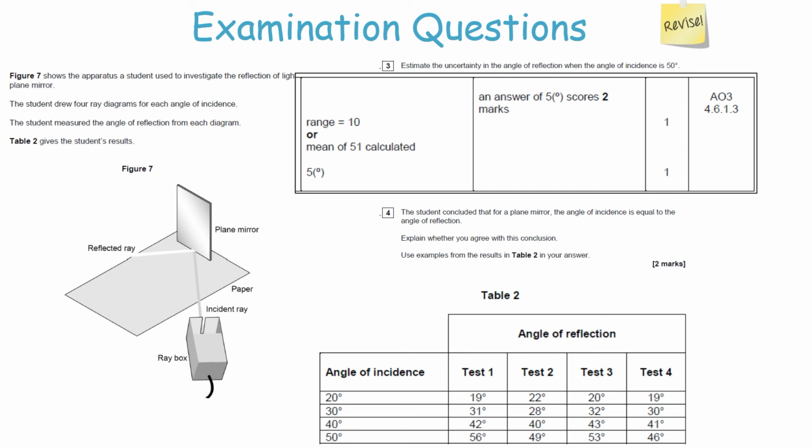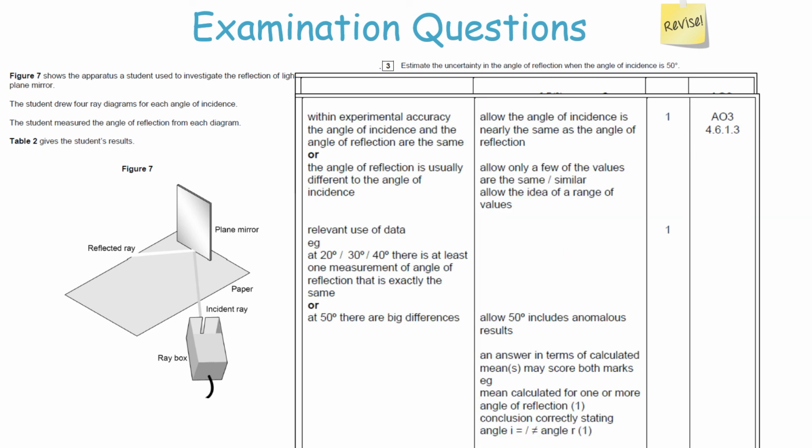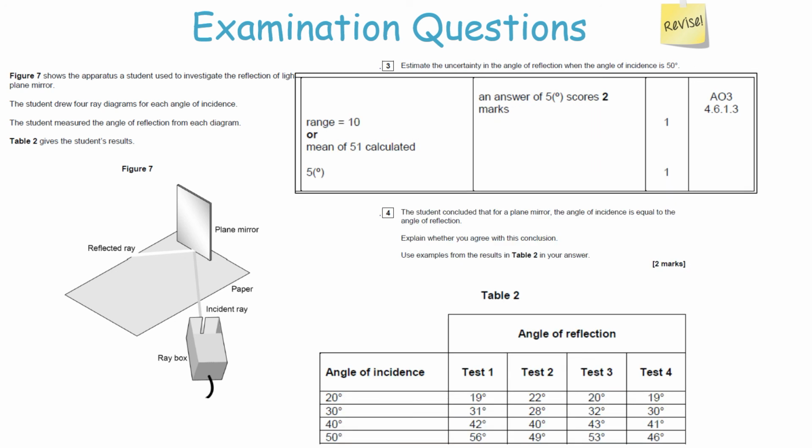So via that logic, when we're trying to do our conclusion for part 4, we've got to think about that. So it's the indication that for 20, 30 and 40 degrees, the angle of incidence is going to be equal to the angle of reflection when you've considered your uncertainties.